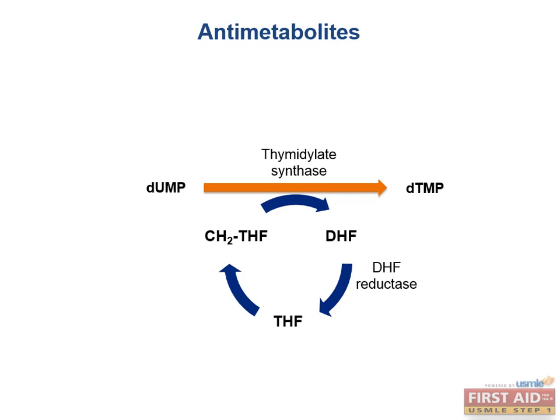The first step in this conversion requires dihydrofolate reductase, and methotrexate acts as a folic acid analog that inhibits dihydrofolate reductase, and thus the eventual conversion of dUMP to dTMP. So basically, methotrexate acts by decreasing the available dTMP, eventually inhibiting the DNA and protein synthesis.